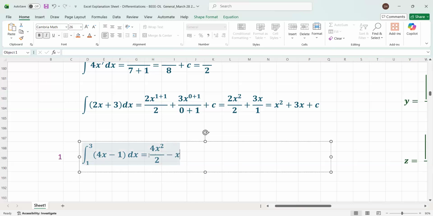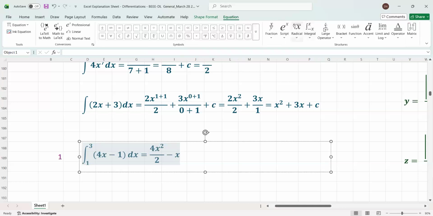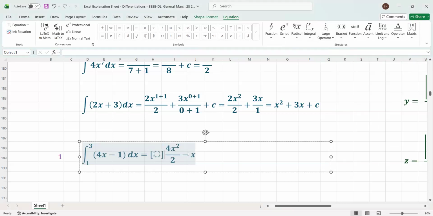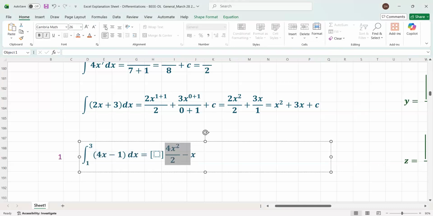When you are going to do this, I should have opened a bracket first. I'm supposed to pick a bracket that has upper and lower limits. Let me do it well so that you can follow and do it yourself later.